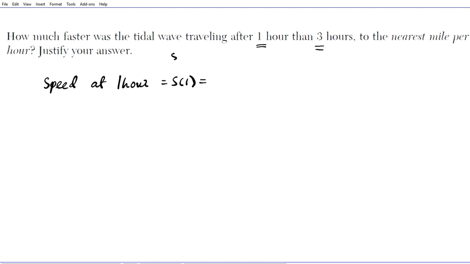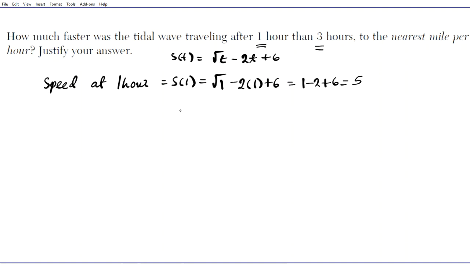The function s of t is root t minus 2t plus 6. So s of 1, you just plug 1 into the function: square root of 1 minus 2 times 1 plus 6, which is equal to square root of 1 is 1. 1 minus 2 plus 6. Final result is 5.